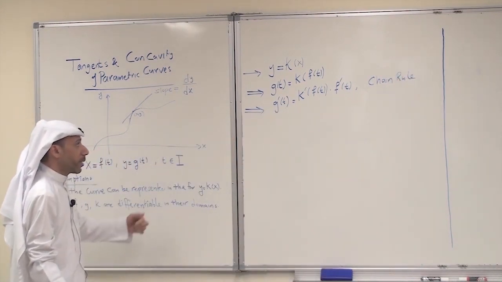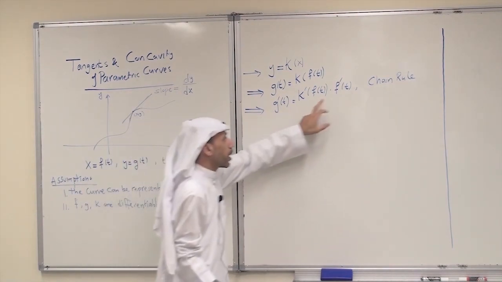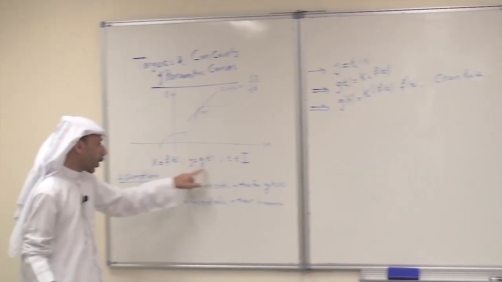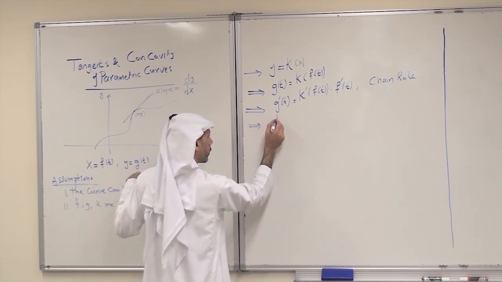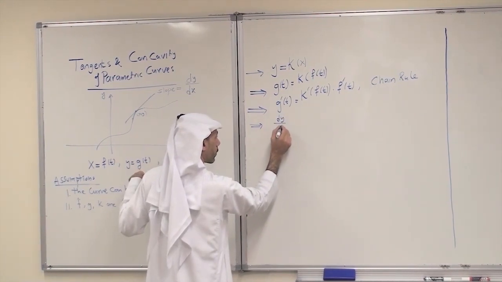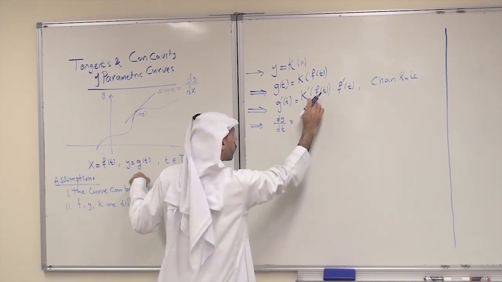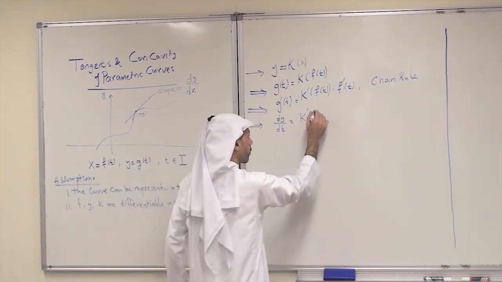Now replace the values of g prime, k prime, and f prime. So g prime is just dy/dt. So this is dy/dt. This is k prime. f of t is just x. So this is k prime of x.